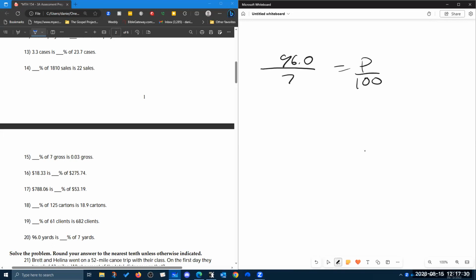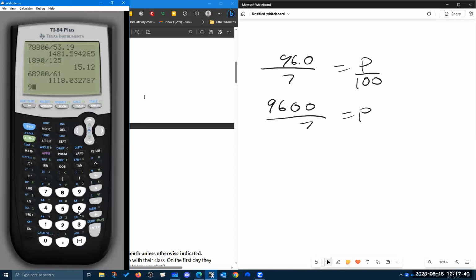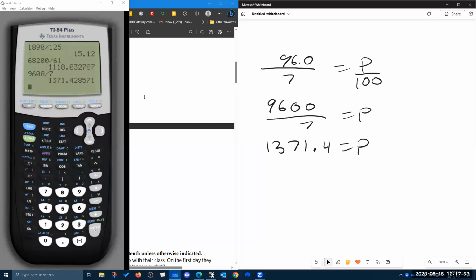And so 600 divided by 7 equals P. 1371.4.